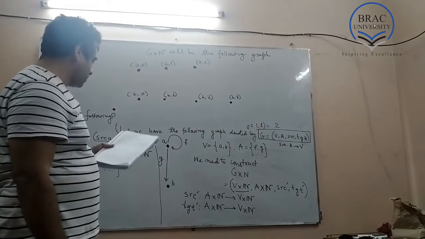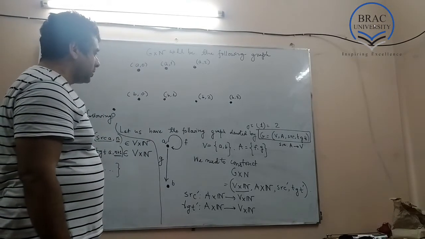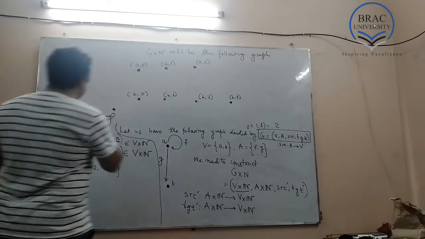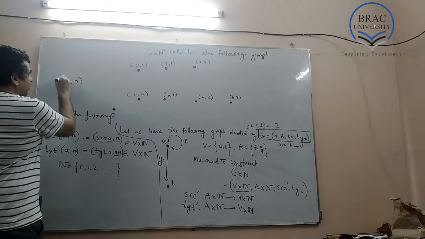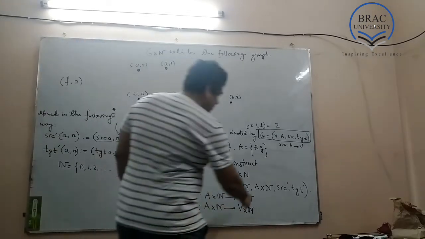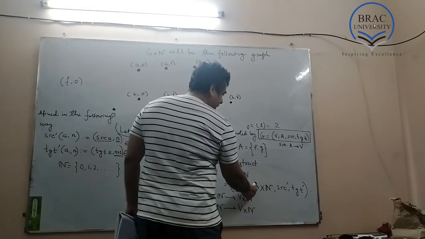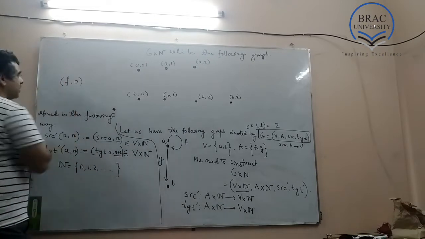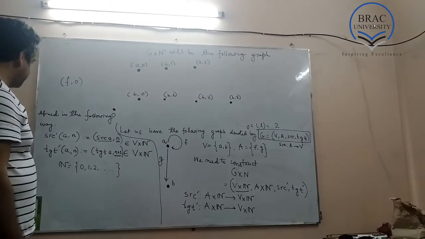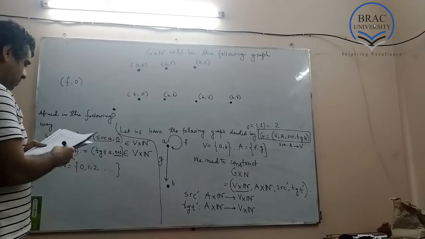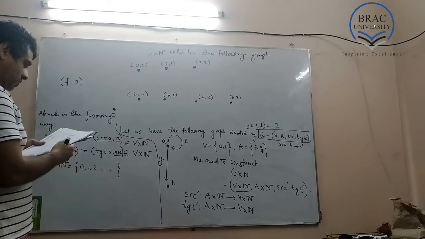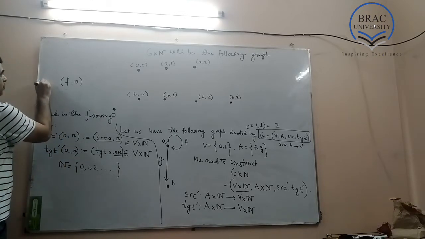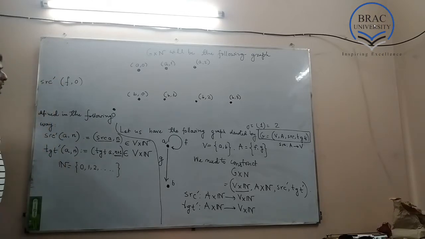and so we'll have an arrow called f comma 0. Since f is an element of A and 0 is an element of n, we'll have an arrow like this. Okay? And what would be the source of this arrow?